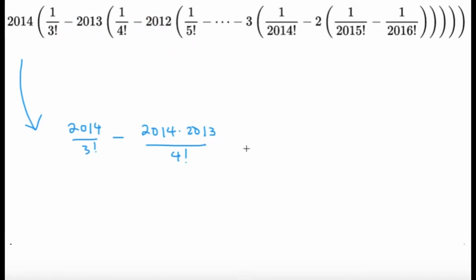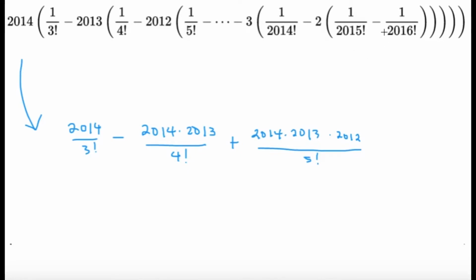So the next term in this expansion is plus 2014 times 2013 times 2012 divided by 5 factorial. Now I know the pattern is going to continue, and the last term is just going to be 2014 times 2013 times 2012, and so on and so forth until 3 times 2, times this 1 over 2016 factorial.